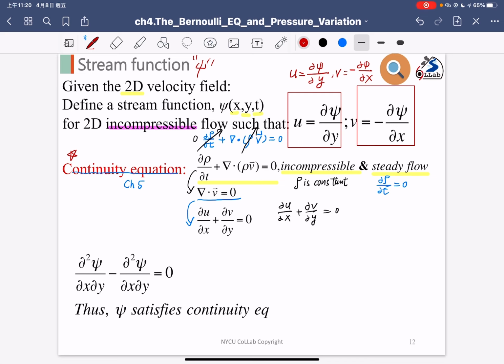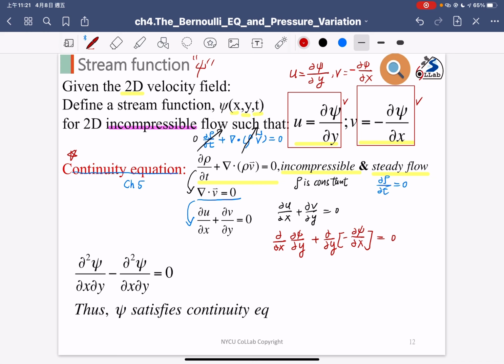Okay, so we know the two important definitions for u and v, so I just put them in here. The u in du/dx is replaced by the stream function derivative with respect to y, and plus d/dy, where the v velocity you replace by minus the stream function derivative with respect to x, and it will equal 0, right?